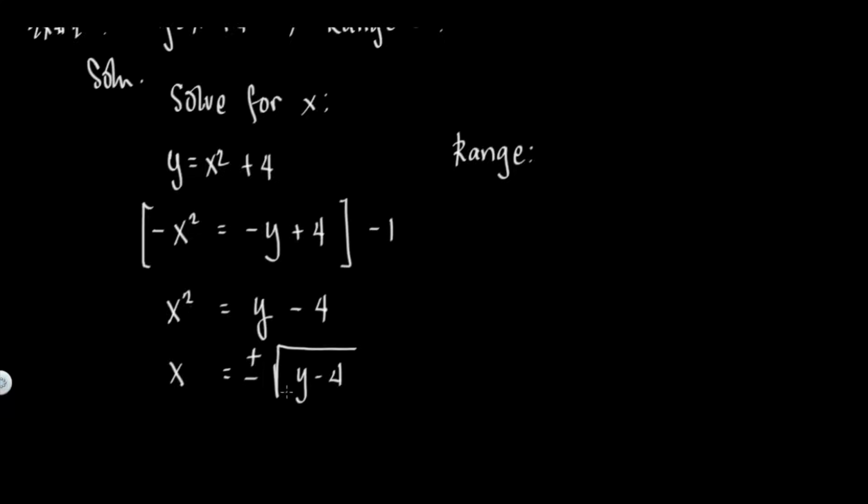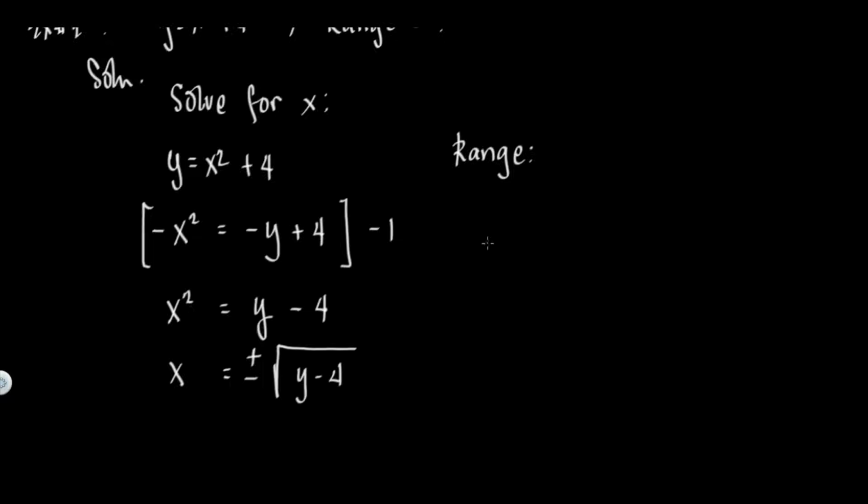Kasi, ang rule dito, the radicand should not be negative. So, non-negative dapat. No? Hindi pwedeng negative ang ibig sabihin. Kasi, kapag ni-square root mo yung negative, math error ka ngayon, no? Imaginary. Pag kinumpute mo sa calculator, no? Negative math error yan lalabas.